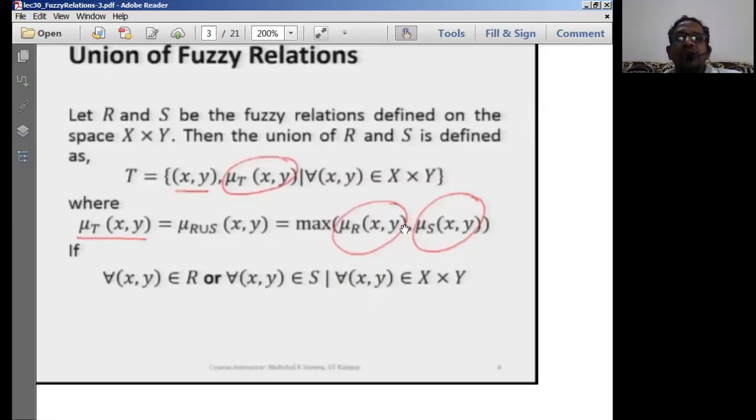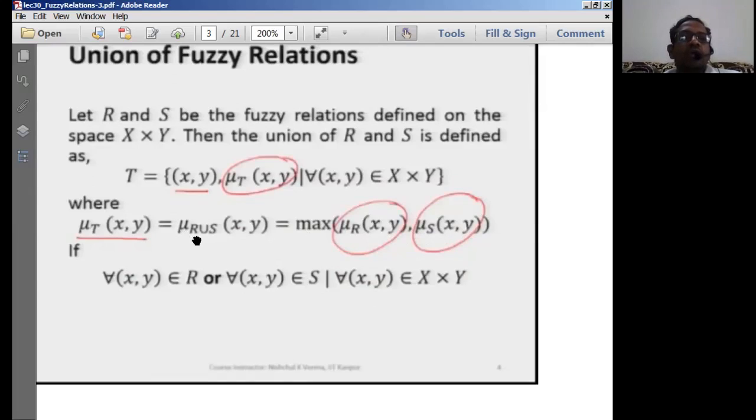This is nothing but criteria. So what we can think of is criteria of the membership functions. So the criteria is max of mu R comma mu S, membership functions we can take in sequence.